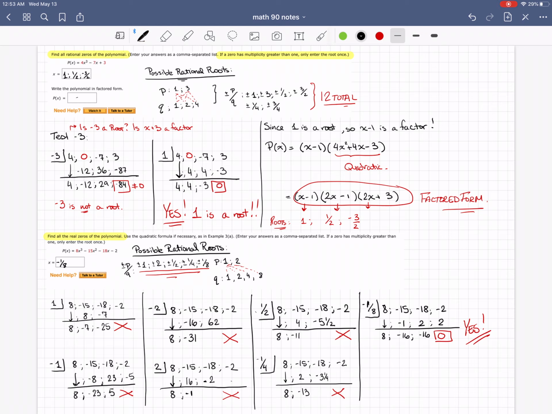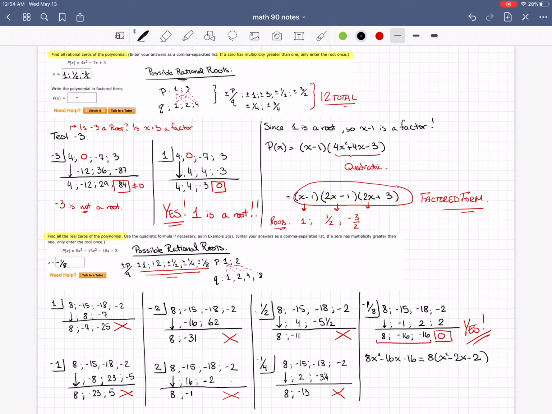Okay, now look, now that we found negative 1/8 as a root, the quotient is this here, which is 8x squared minus 16x minus 16. And what's really handy here, and it's going to really help us out, is that we can factor the 8 out.